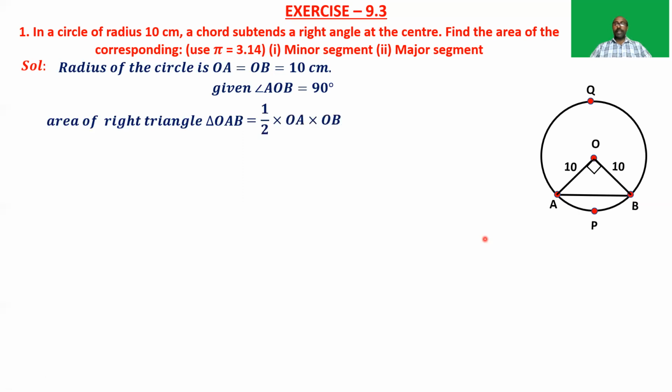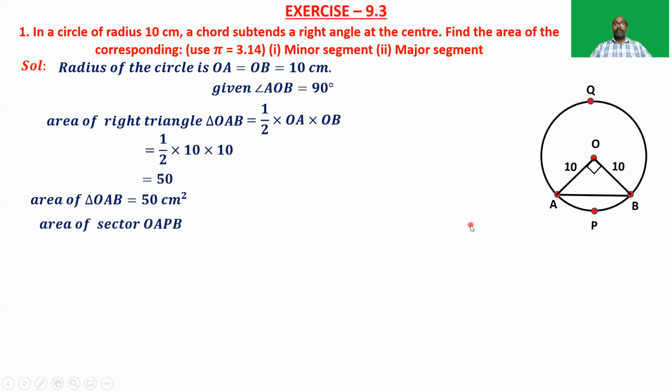Now by substituting OA equals OB equals 10, the area is equal to 50. So the area of right triangle OAB is 50 centimeter square. And now the area of sector OAPB is, we know that the area of a sector is x by 360 into pi r square, where x is the angle of the sector and r is the radius of the circle.